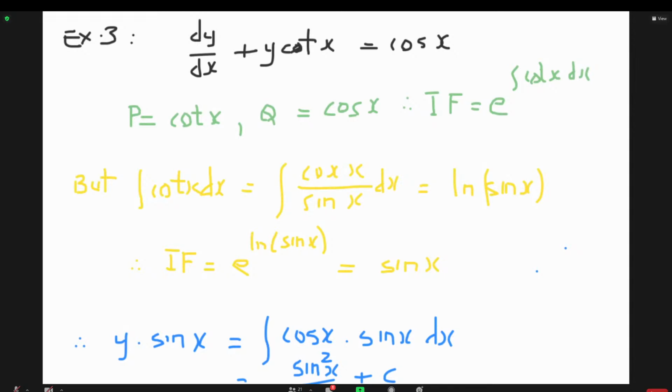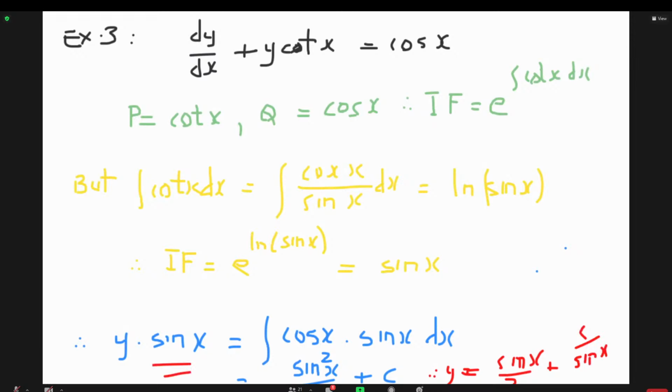Okay, and again, remember we want y. So therefore, y is equal to sine x on 2 plus c over sine x. Right? We have to divide everything by that sine x.